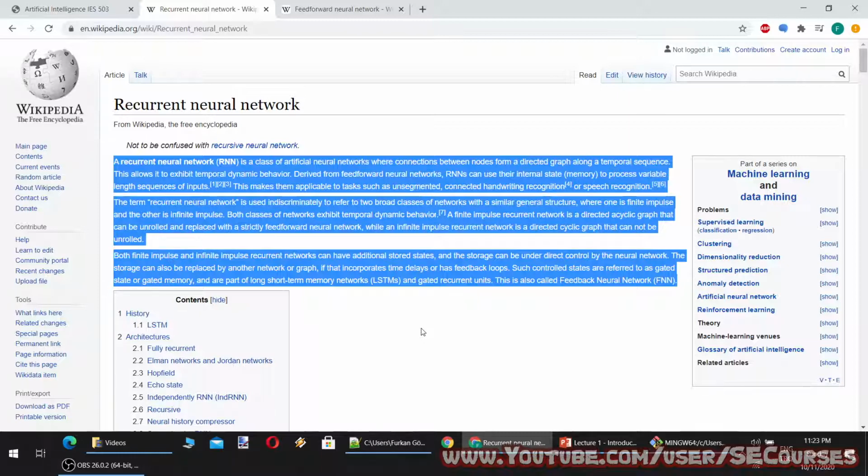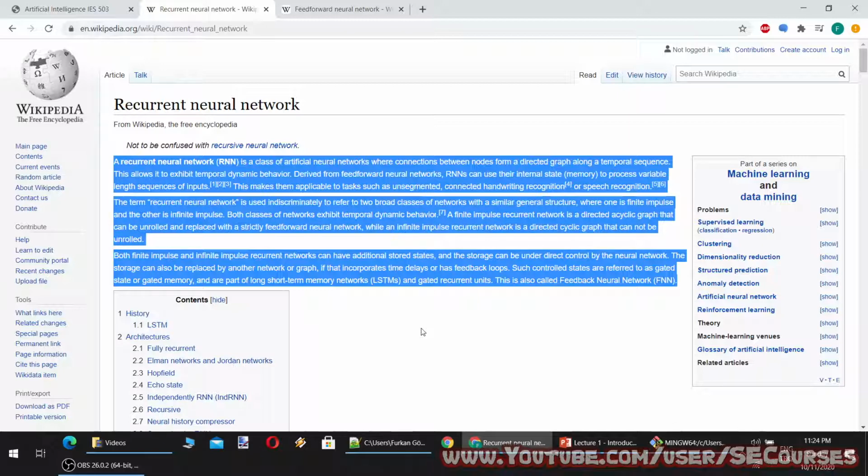A finite impulse recurrent network is a directed acyclic graph that can be unrolled and replaced with a strictly feedforward neural network, while an infinite impulse recurrent network is a directed cyclic graph that cannot be unrolled. Both can have additional stored states, and the storage can be under direct control by the neural network.